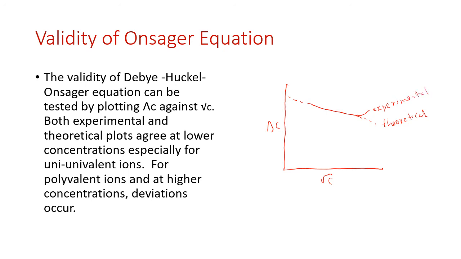For example, in the case of KCl, we can see the theoretical and experimental plots are agreeing, especially for lower concentration, and at higher concentration there is some deviation. This is applicable in the case of univalent ions, but in the case of polyvalent ions, it is seen that at higher concentration there is marked deviation.